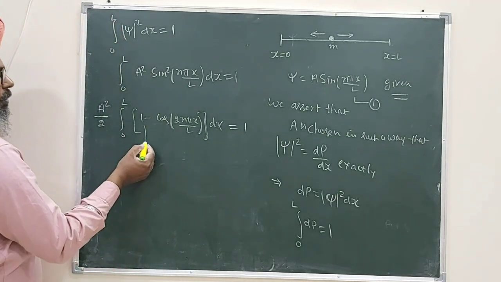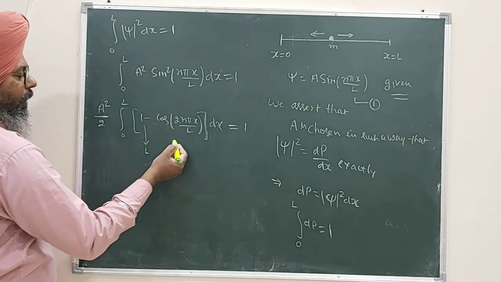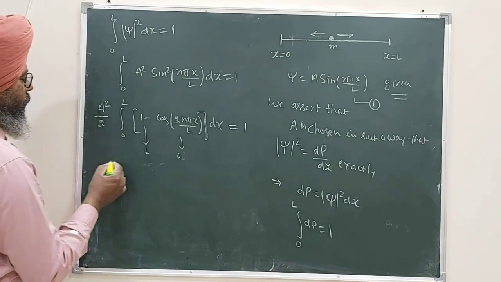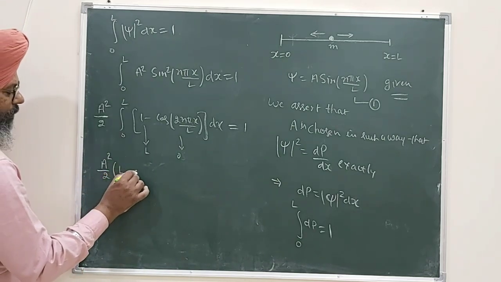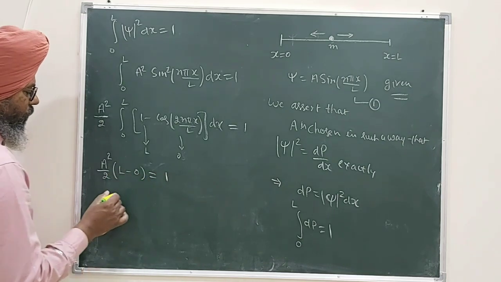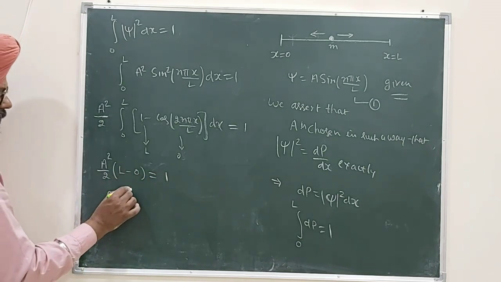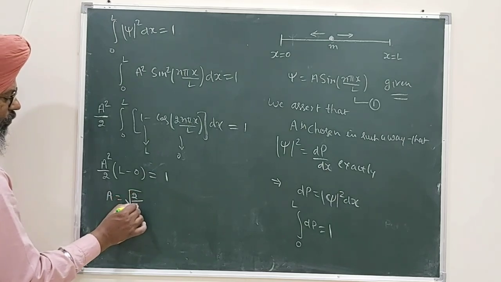When I solve, this integration will become L, and the cosine term will give 0. So a square upon 2 times L minus 0 is equal to 1, and therefore a will be equal to square root of 2 by L.